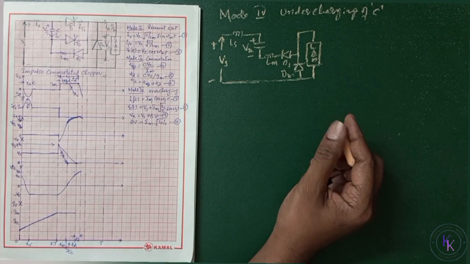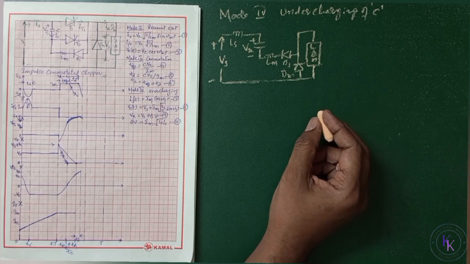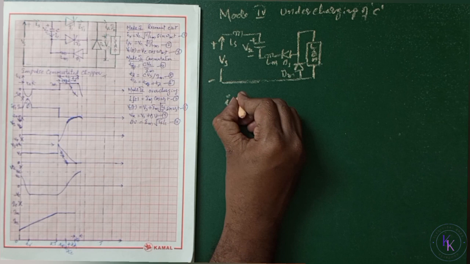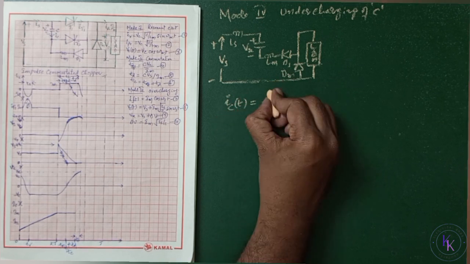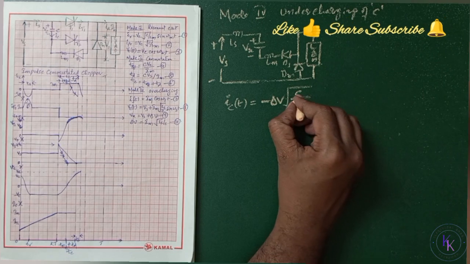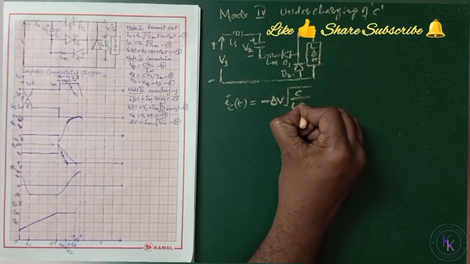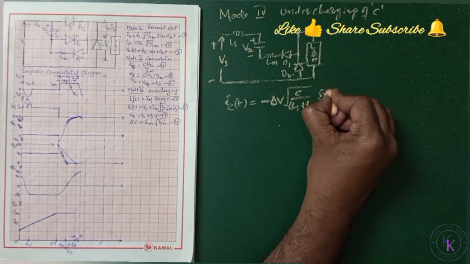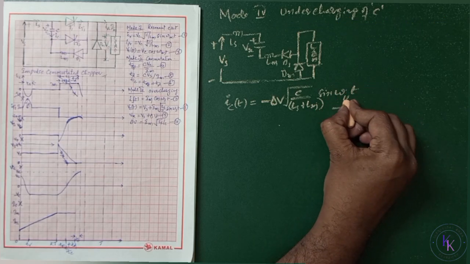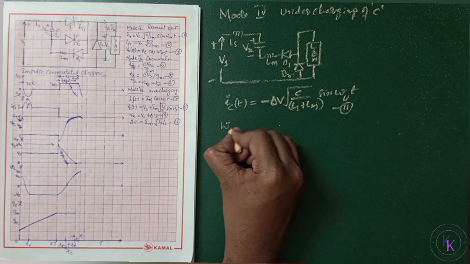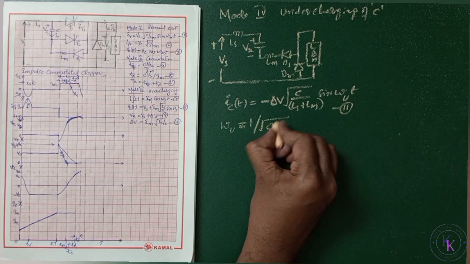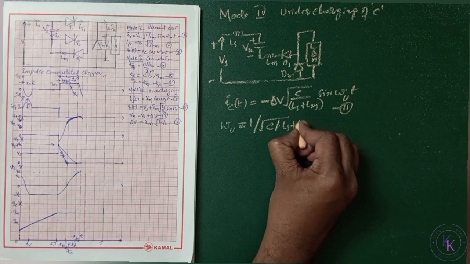This will undercharge the commutation capacitor C, and the undercharging current through the capacitor is given by Ic(t) equals minus ΔV times the square root of C divided by, since both the inductors are involved, Ls plus Lm, times sin(ωu t). Let this be equation number 11, where ωu is given by 1 divided by the square root of C by (Ls plus Lm).